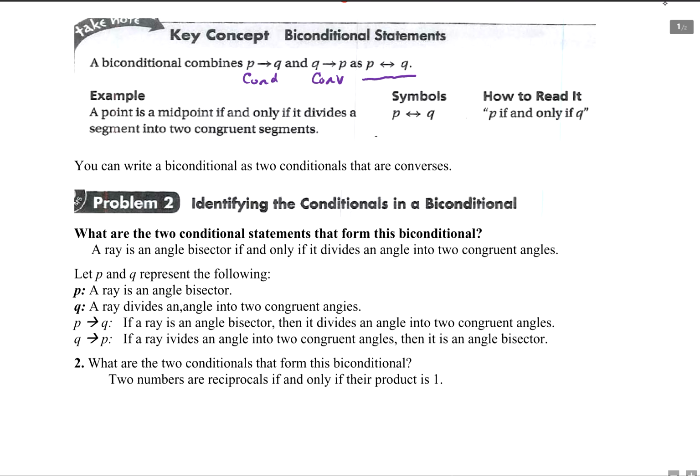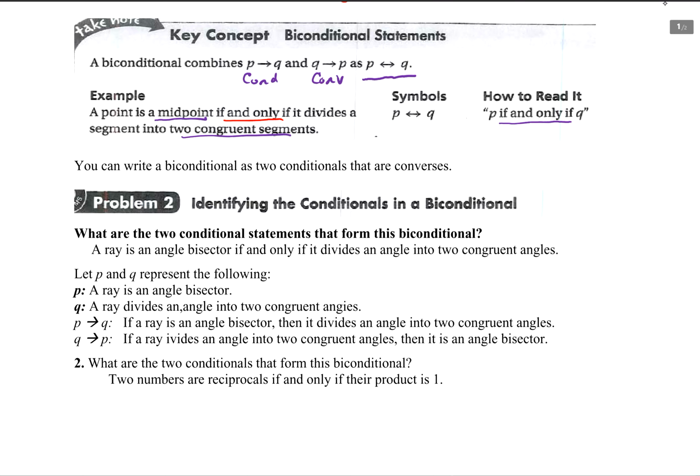P implies Q and Q implies P. So our double arrow says if and only if. Our example is a point is a midpoint if and only if it divides a segment into two congruent segments. So we're defining midpoint here. We know the definition of midpoint is divides a segment into two congruent segments.